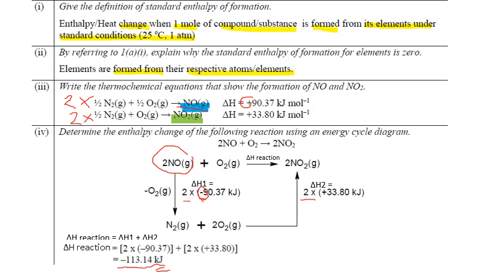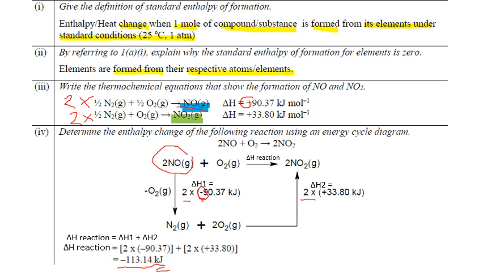Okay, next here. To form 2 NO2, we need the whole equation to be times 2 also. So 1 mole of nitrogen gas reacts with 2 moles of oxygen gas and then forms 2 moles of nitrogen dioxide gas. So you need to times 2 here, here also times 2, and then this one reversed.